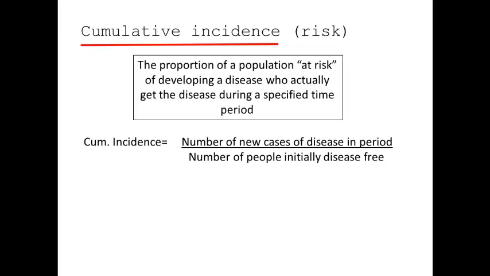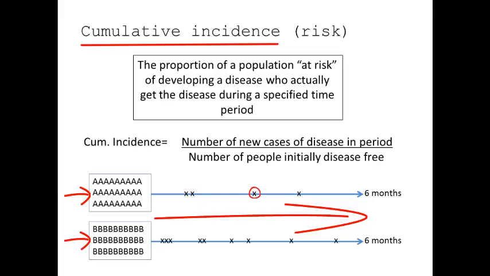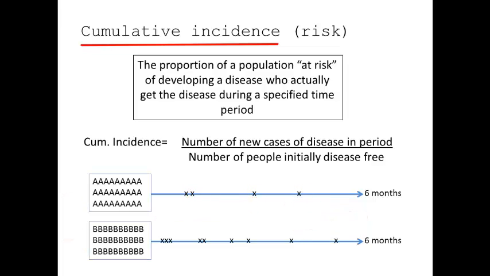So for example, if we do a trial comparing two drugs, A and B, and follow them up for a period of 6 months, recording occurrences of the outcome, the proportion of the original sample with the outcome in each of the two groups over the 6 months is the cumulative incidence, or the risk.